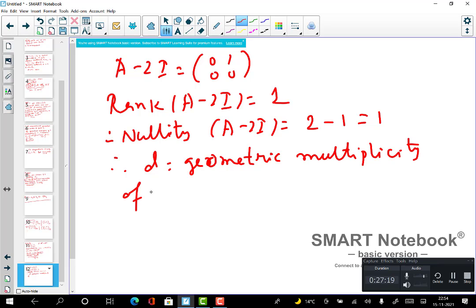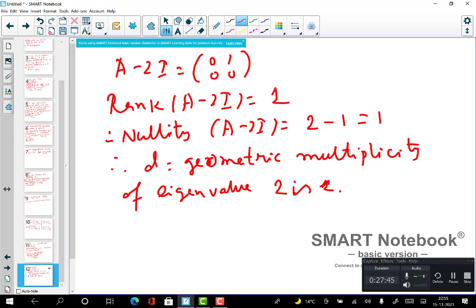Sorry, the geometric multiplicity of the eigenvalue 2, I should say, is 1.